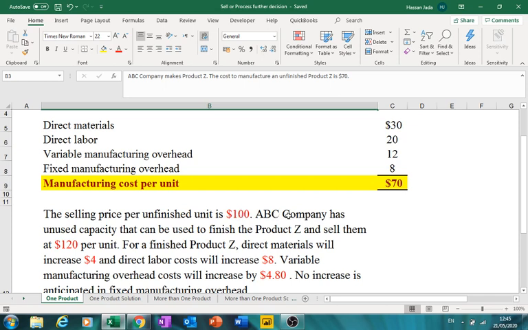ABC company has unused capacity that can be used to finish product Z. The ABC company is considering finishing product Z and selling them for $120 per unit. For the finished product, we have an increase in the selling price per unit of $20.